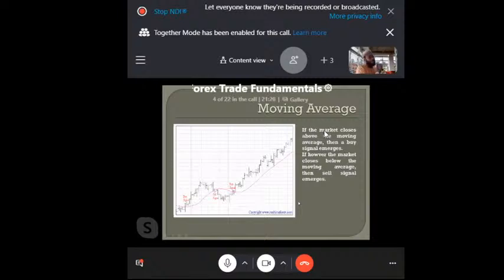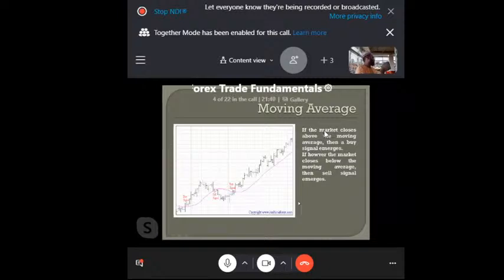And then you will have a sell signal when you're having the candlesticks above the moving average, then the first candlestick that closed below the moving average, you're having a sell signal.